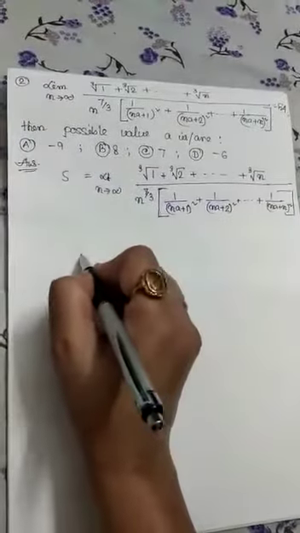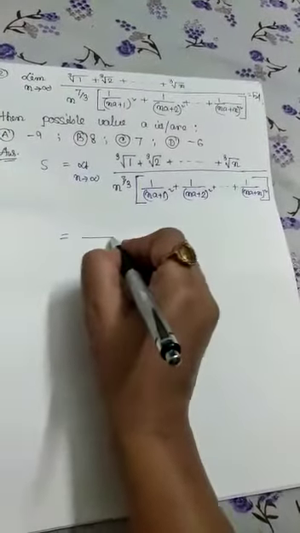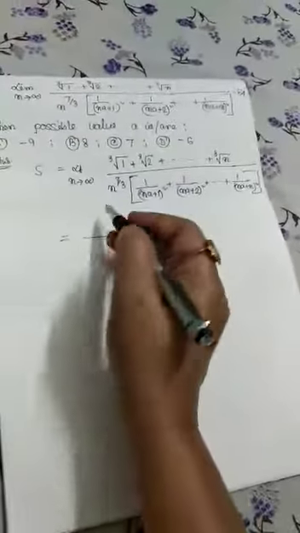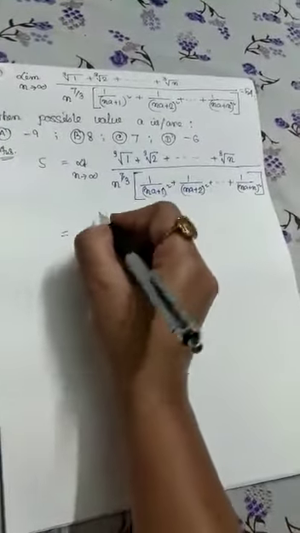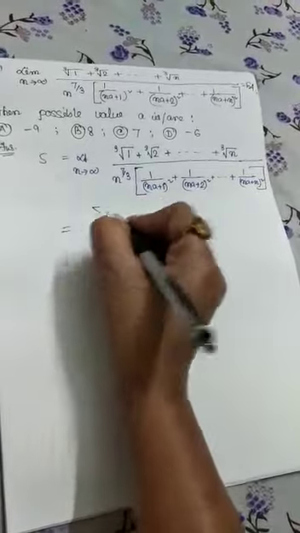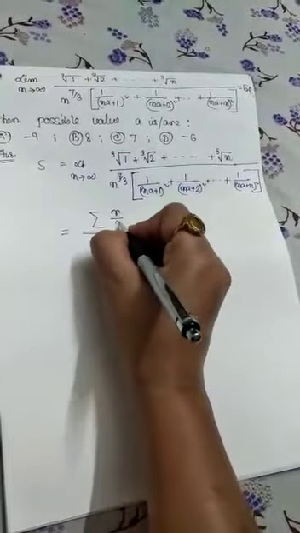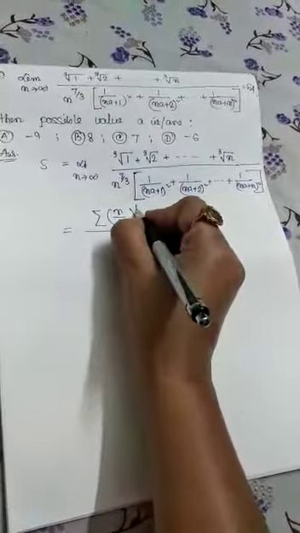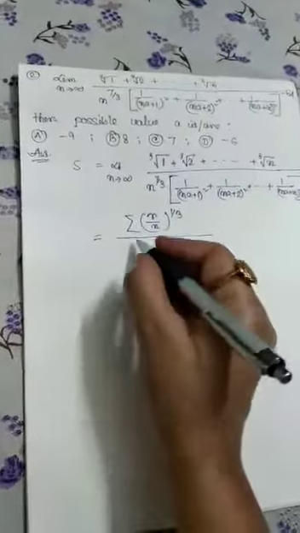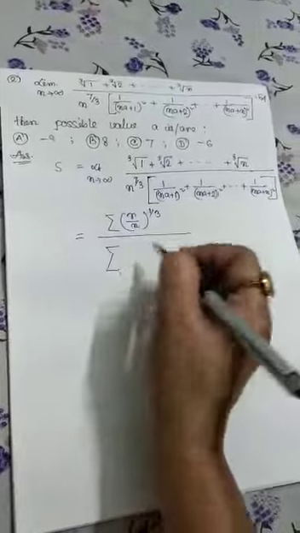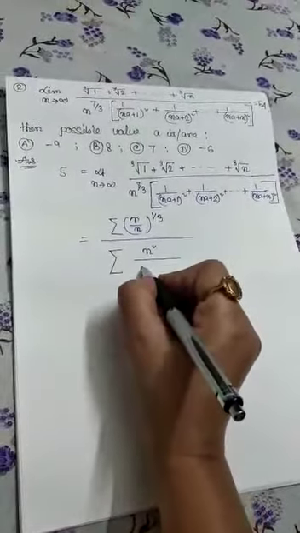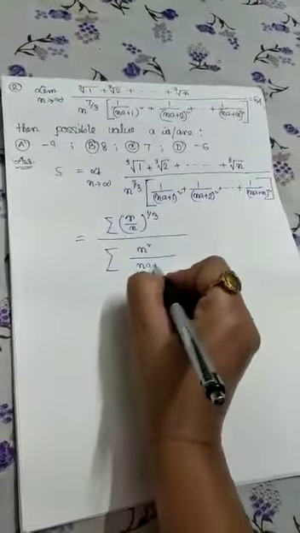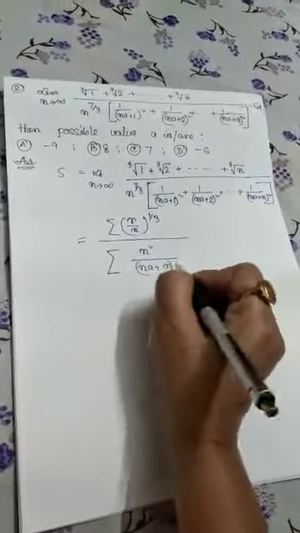Then adding limits to the form, it becomes summation (r by n) whole to the power 1 by 3, divided by n square, times summation 1 by (na plus r) whole square.